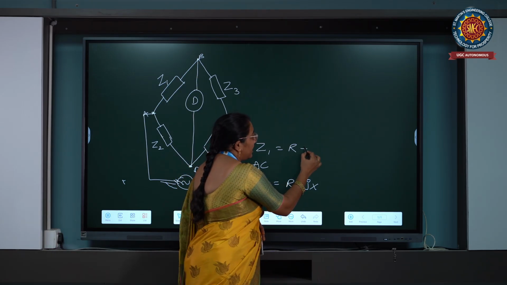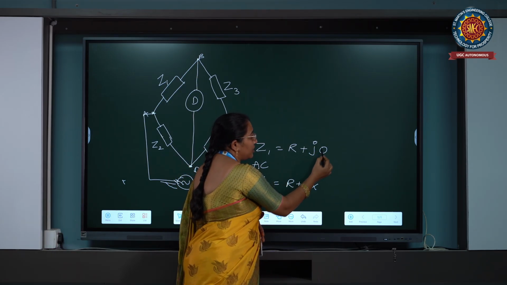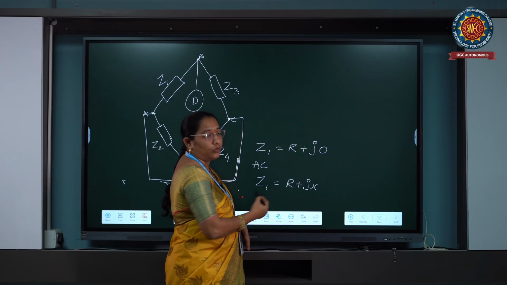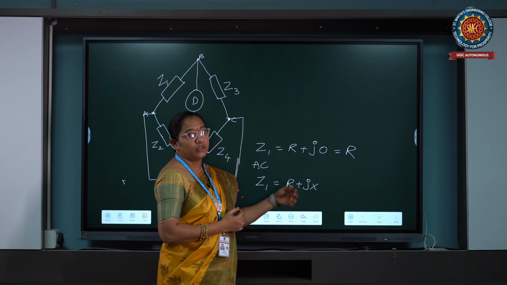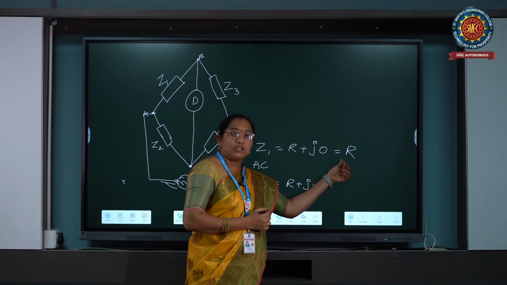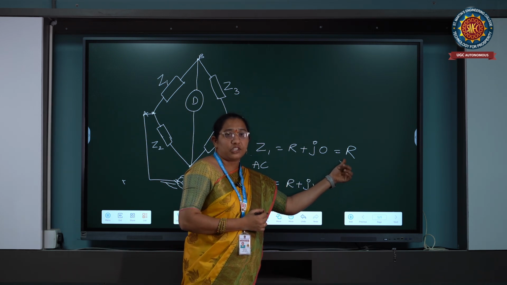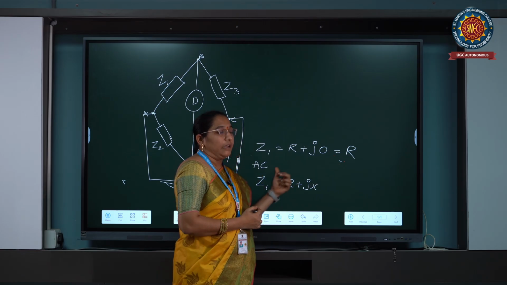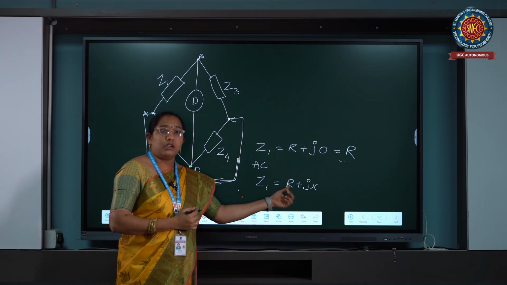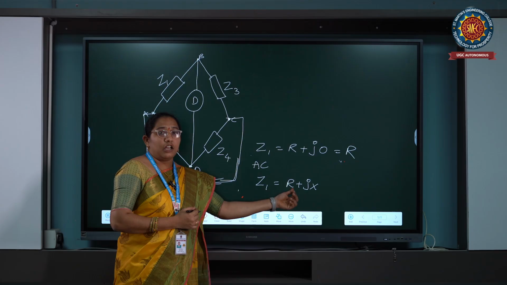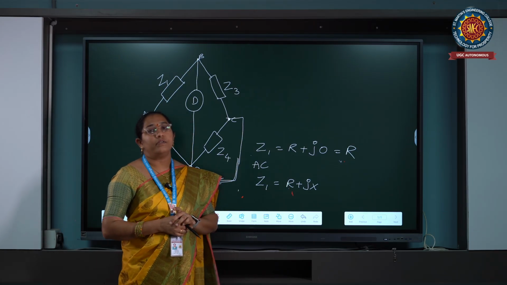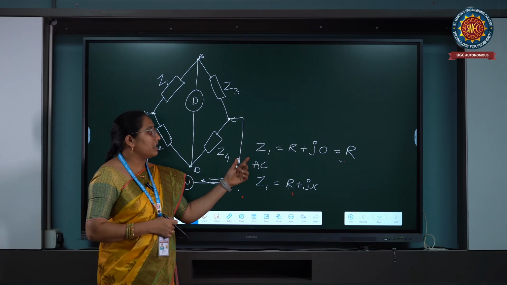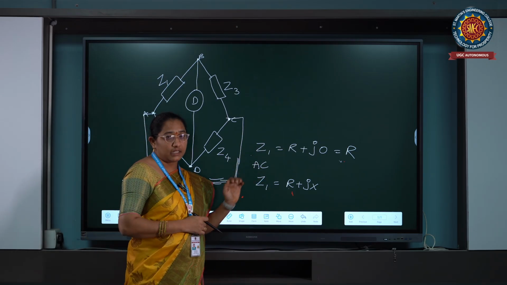So here the reactance will be 0, meaning R plus j0. j0 means we will get only resistance. That is why DC bridges are used to measure only resistance values, and AC bridges are used to measure the unknown resistance and inductance, capacitance, and also frequency. This is the difference between AC and DC.